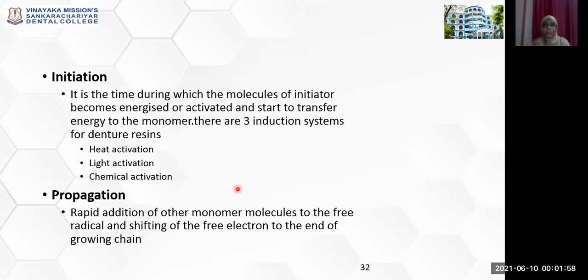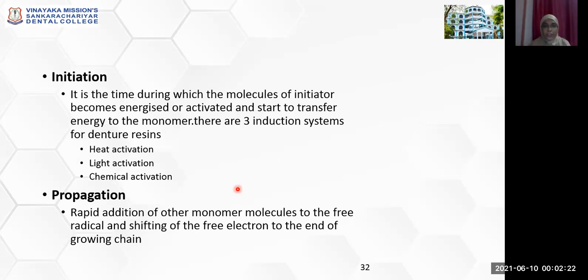First is the induction, where you are going to have the initiation. The initiator gets energized or activated. Based on what activator is used to initiate the initiator, you have three different types of denture base resins.